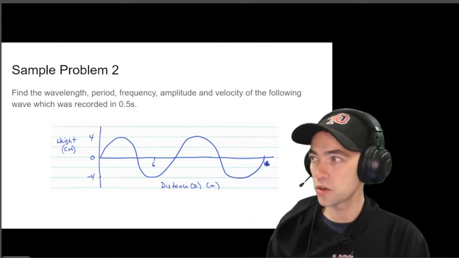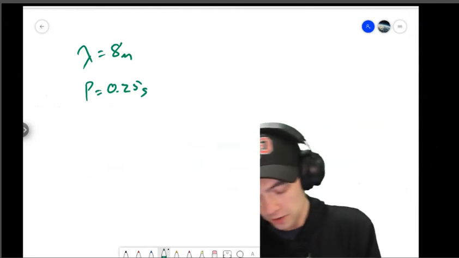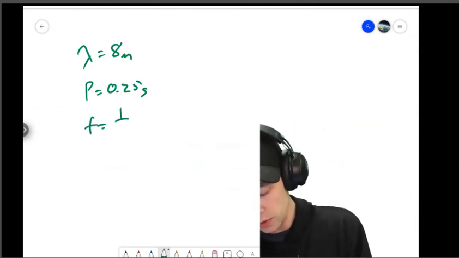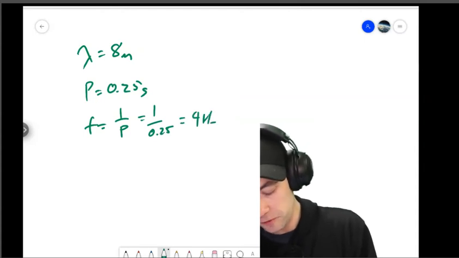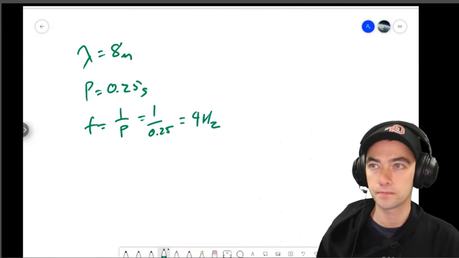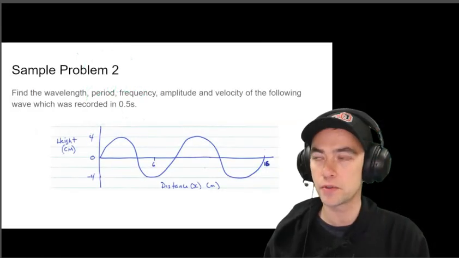So the next thing we're going to talk about, and I'll bring up my screen, is frequency. Frequency is equal to 1 over the period. So 1 over 0.25, which means we have a frequency of 4 Hertz. If we go back to our screen for a second, it's asking us for amplitude.